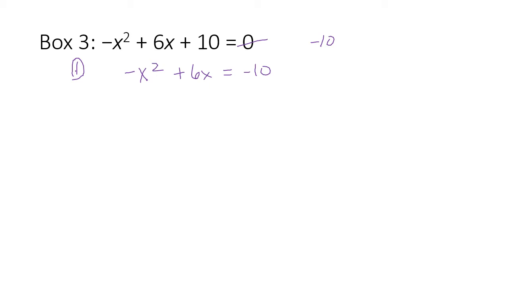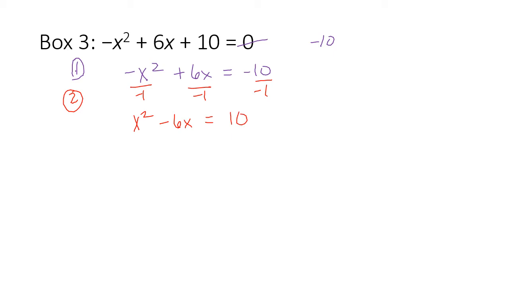Step 2 says to divide by my a. For this problem, my a equals negative 1. So I'm going to divide every single term by negative 1, every term on the left and the right. And I'm left with x squared minus 6x equals positive 10, right?